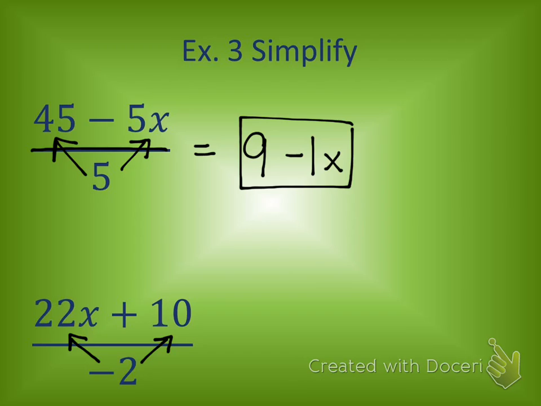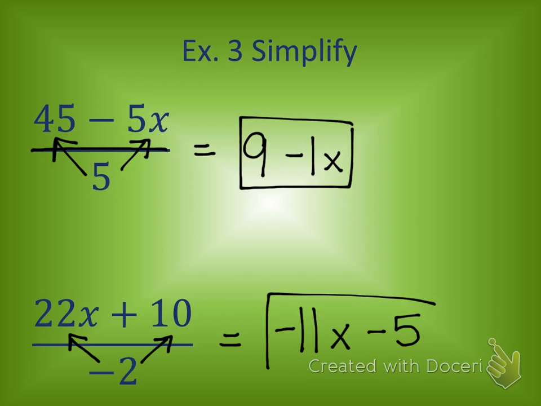What's 22x divided by negative 2? Negative 11x. What is 10 divided by negative 2? Negative 5. Pay attention to your signs, because if you don't pay attention to your signs, you will get it wrong. Okay, everybody should be writing this down. Okay?